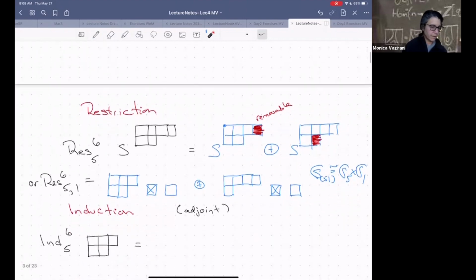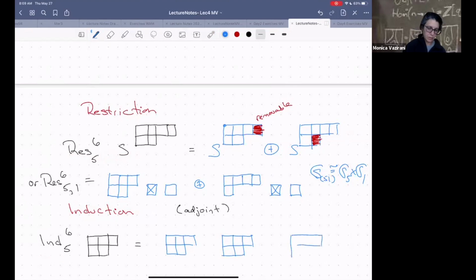Okay, now, we also mentioned last lecture, or we've mentioned many times, that induction and restriction are adjoint functors. And so once we completely understand the restrictions of all of our irreducibles, we understand all the inductions as well. And so if I induce from, let's pick 3, 2, and there's 5 boxes in there, so we'll have to induce from 5 to 6.